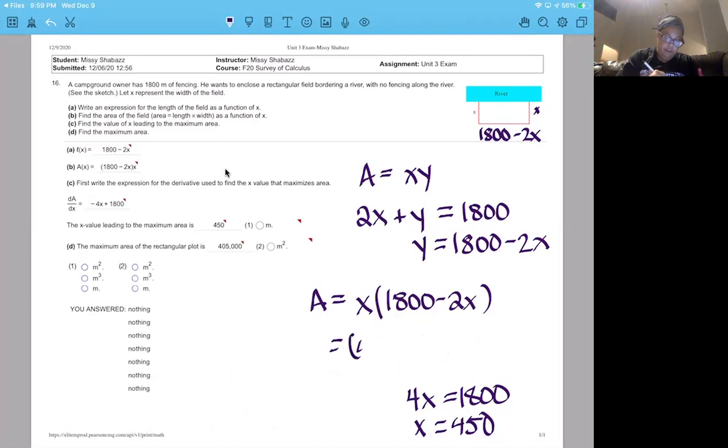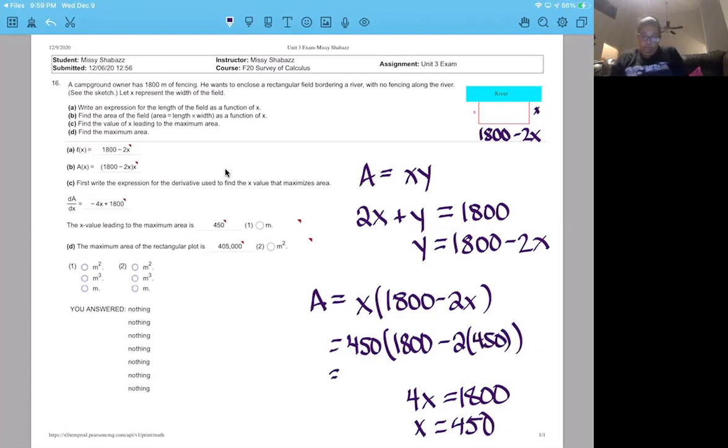So 450 times (1800 minus 2 times 450). So is that what? 450 times 900?